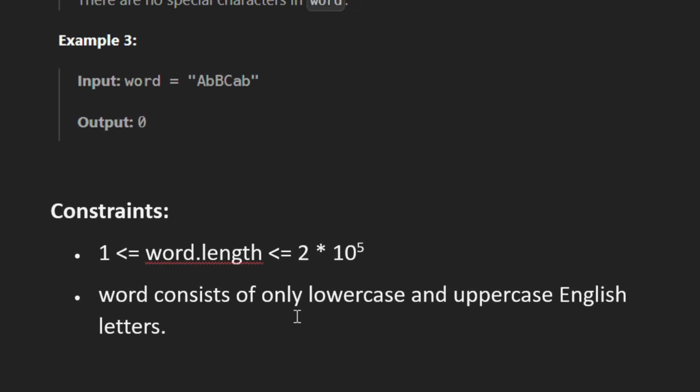Then let's move to example number 3. Here we have small a, and for small a we have capital A also. But if we see, the lowercase letter a is appearing after uppercase A, so it is not special.